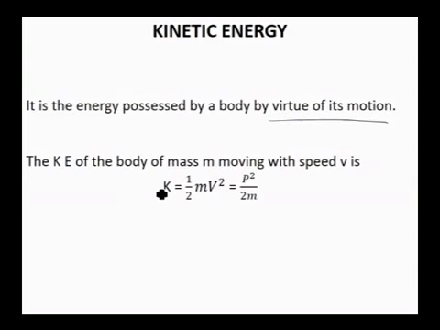The kinetic energy of a body of mass m moving with speed v is K equal to half mv square. Note that mv is the momentum, p is equal to m into v, which we discussed in the previous synopsis. To get this, you multiply by m, and therefore you will have p square divided by 2m. It can be represented in this way also.